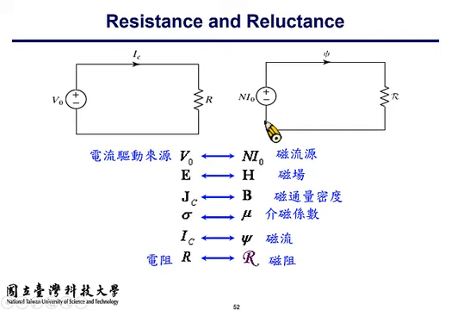Within the electrical circuit, the dominant field is the electrical field E, and it's compared with H. Here you have a conducting current density Jc, compared with the magnetic flux density B. The material parameters are conductivity sigma and permeability mu. The things that go in the circuit are electrical current and magnetic flux. And the so-called resistance is compared with reluctance.